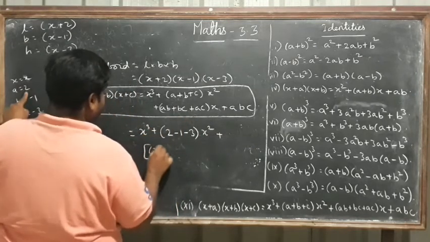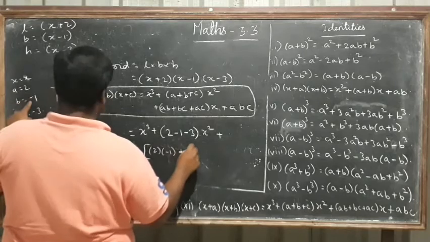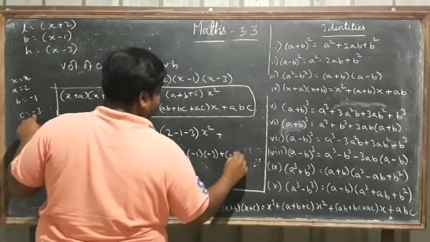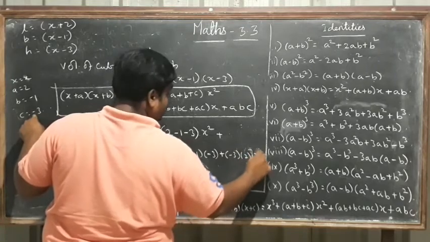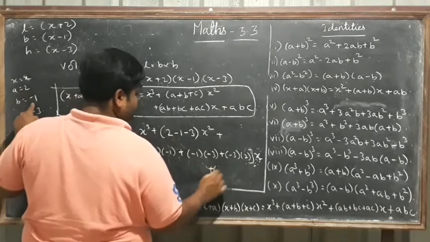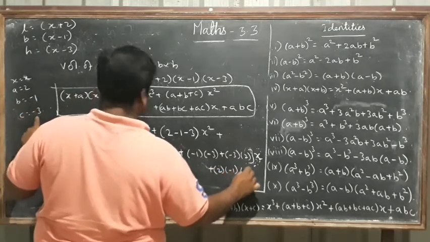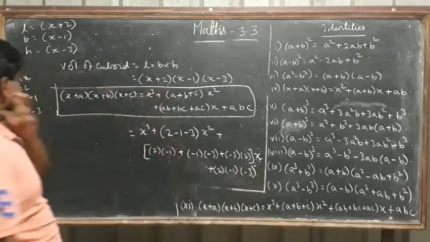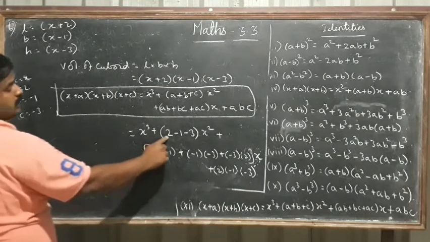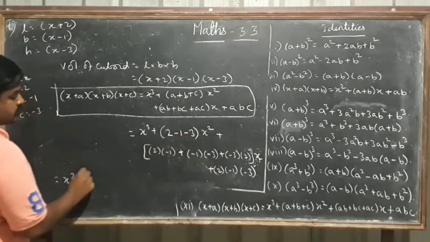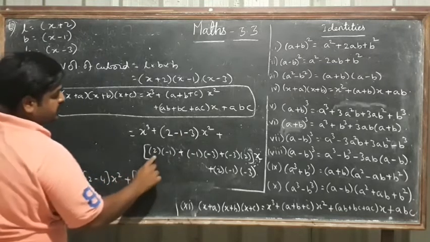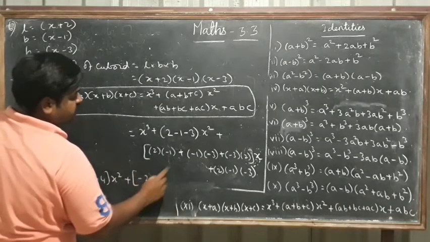What is ab? 2 into minus 1 plus minus 1 into minus 3 plus minus 3 into 2, the whole x plus abc. abc is what? 2 into minus 1 into minus 3, which is equal to x cube plus 2 minus 4. So 2 minus 4 into x square plus plus into minus is going to be minus 2.